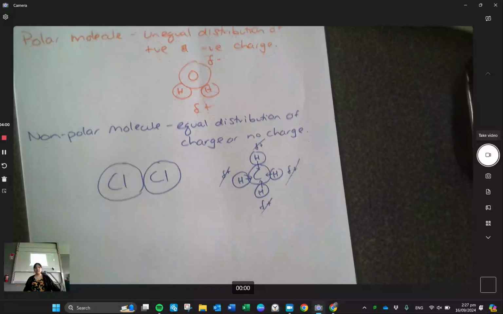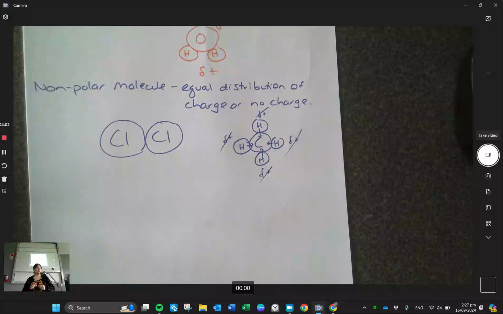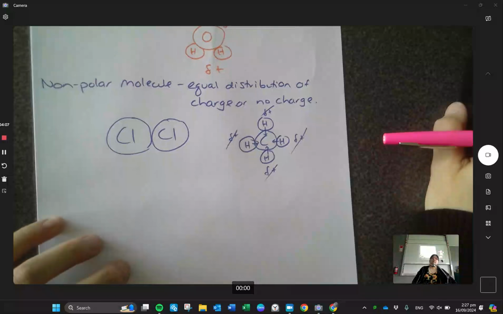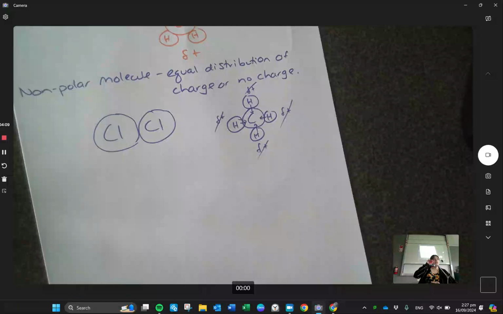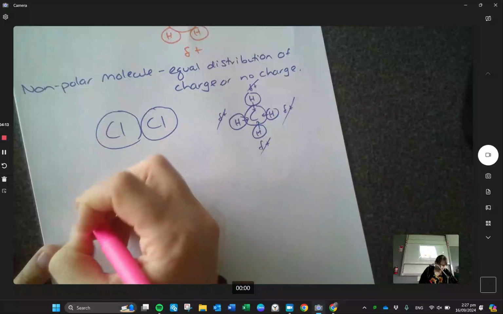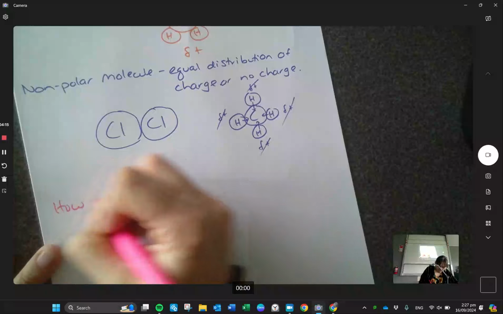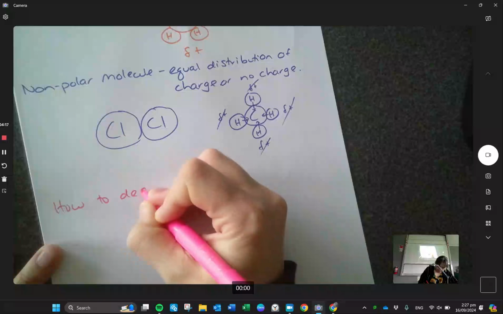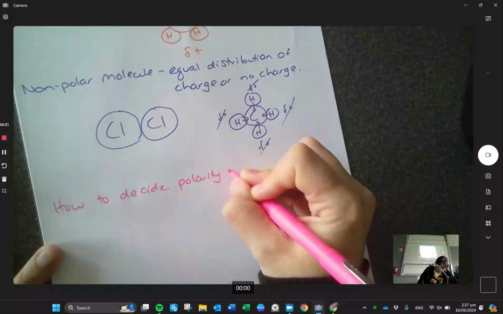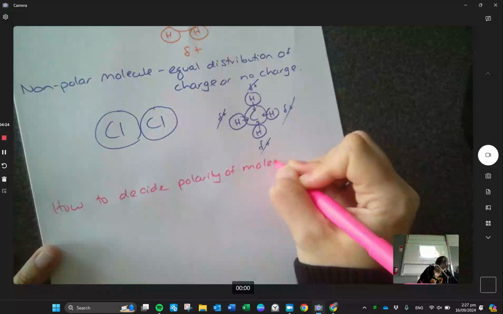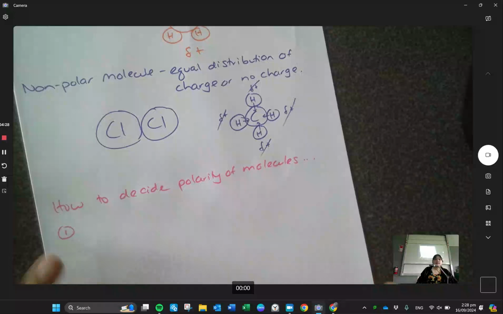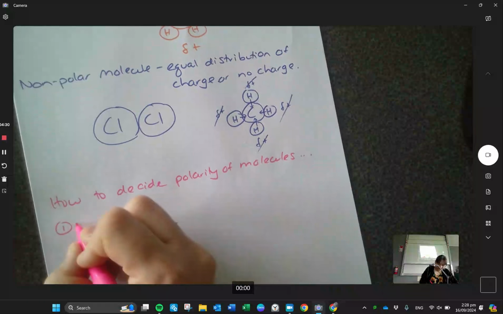All right, the first thing that is required when we're asking whether or not a molecule is polar, the first thing we need to ask is, is there a polar bond? So when we're trying to decide polarity of molecules, question number 1 is, is there a polar bond?